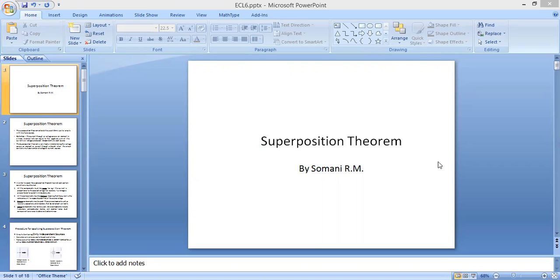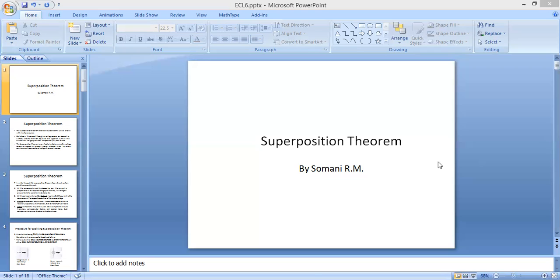It means the algebraic summation of current at any node will be 0. Node means if at any point in the circuit two or more elements are connected, then we call this point a node.